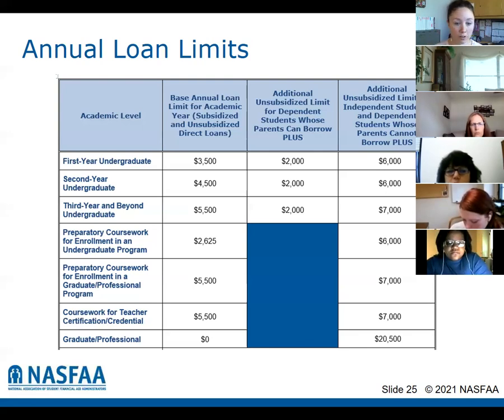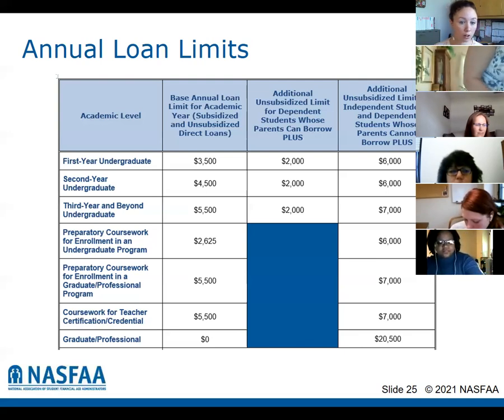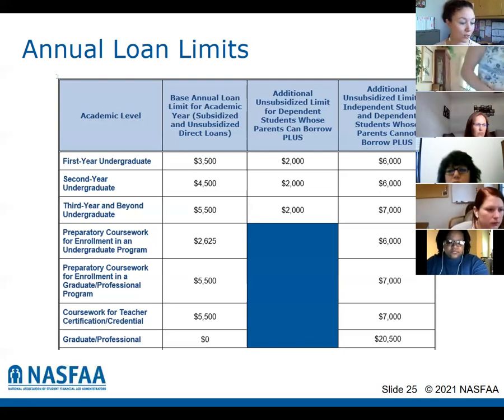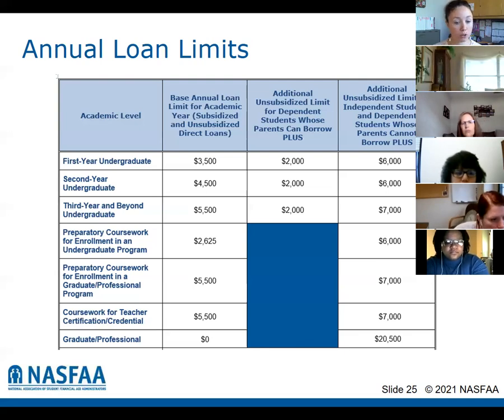It's easy to remember after you've done it a couple times, and after you've explained it to somebody. And then of course, when you get into the higher levels, you are eligible for more loan. Now, the reason there's nothing listed for grad professional students and subsidized loans is that grad students don't get subsidized loans anymore. They used to.